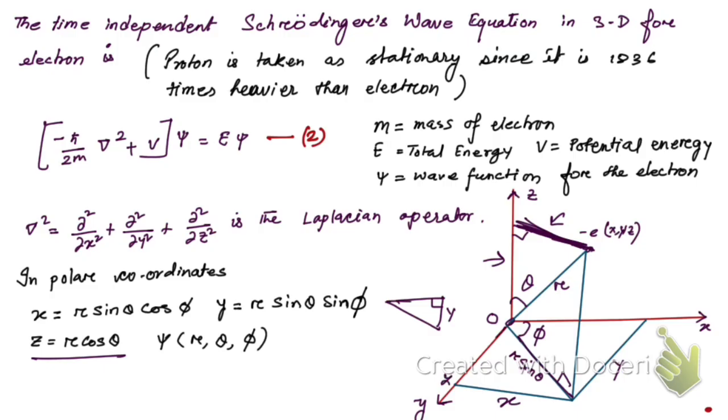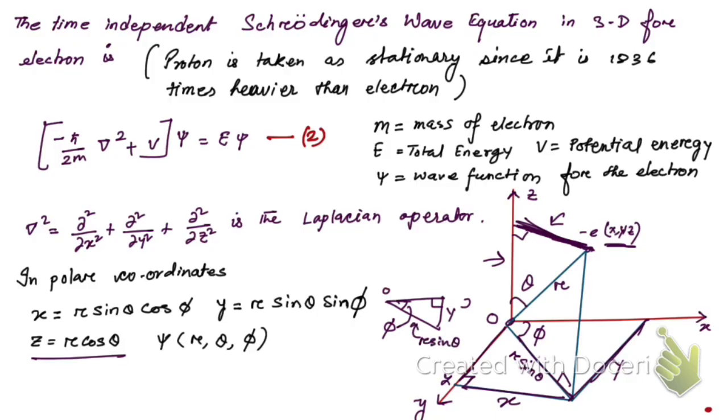The coordinate of the electron is X, Y, Z, so this must be X and this must be Y. This is the angle phi, and this side is R sine theta.